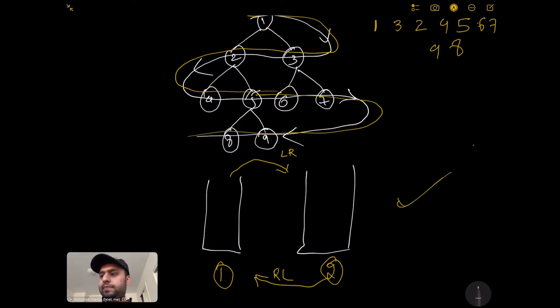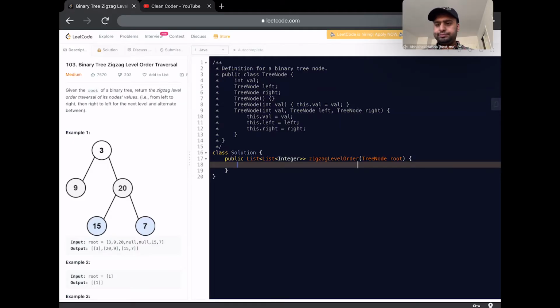Okay, so let's try to code this approach quickly, and after that we are going to do the time complexity analysis. So yeah, I need to take 2 stacks. First, I need to do that level by level as well, no problem.